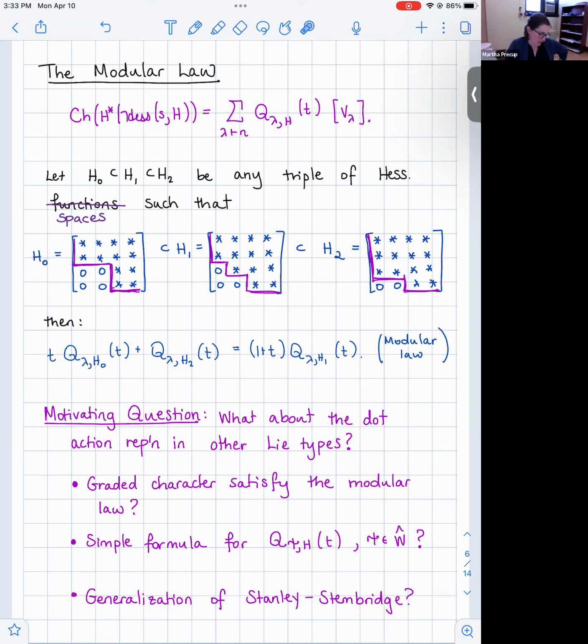In type A, combinatorics has given us simple formulas for these coefficient polynomials, so can we find some kind of formula? What is this representation? And then, of course, Stanley and Stembridge's open conjecture about writing the representation as a sum of permutation representations: is there a generalization of that conjecture for all Lie types?